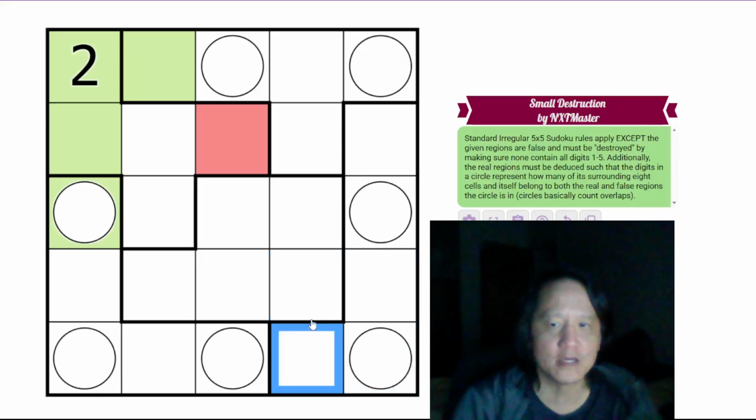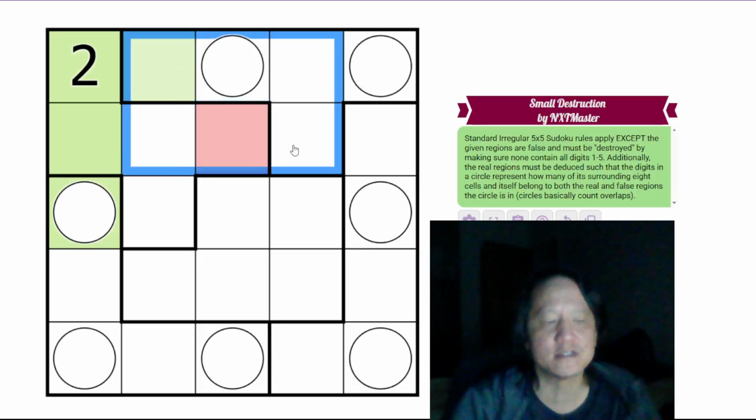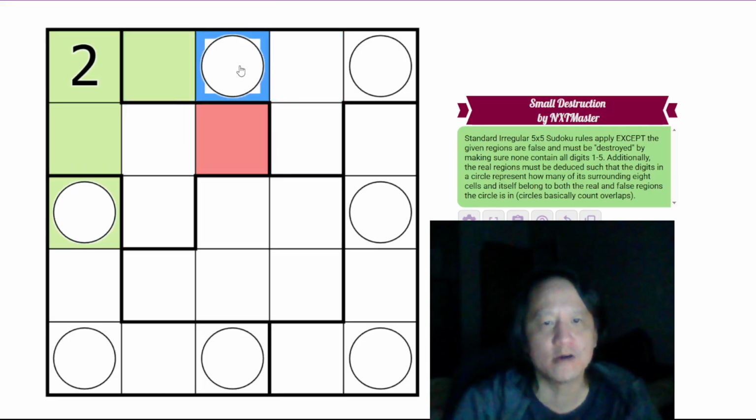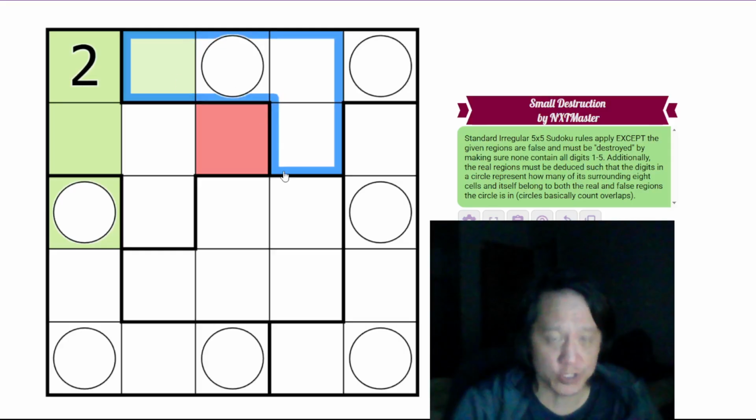Circles basically count overlaps. It's the cells in the 3x3 box that surround a circle. That circle counts the number of cells which are both in its own real region and its false region.